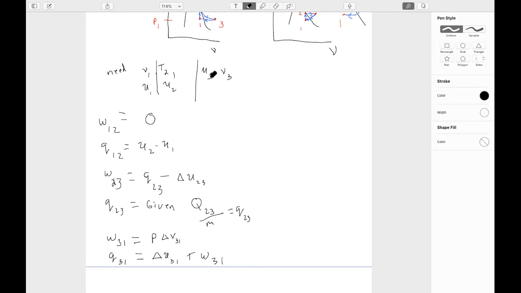Okay. So at this point, I've worked my way through and I've constructed my grocery list. So once I get all these numbers, I can go back to this list of formulas and work out everything. Let me stop there.